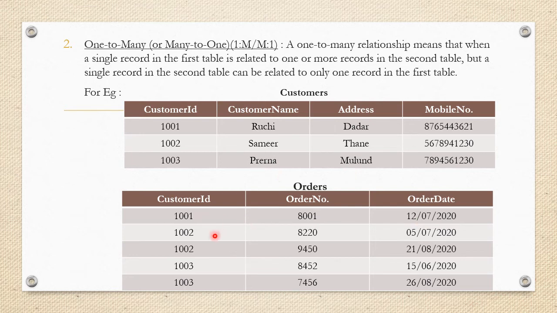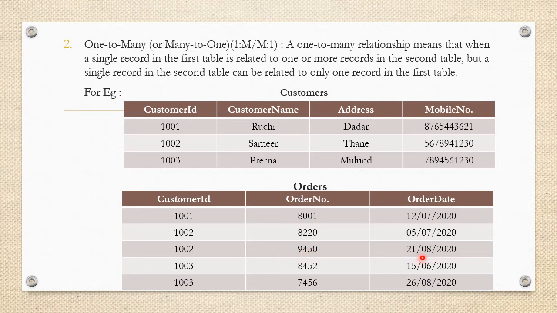Similarly 1002 is ordering, order number is 8220 and the order date is 5/7/2020. 1002, again see the customer 1002 is ordering again something. Okay, again this is another order number.